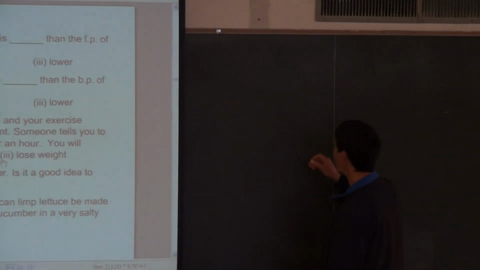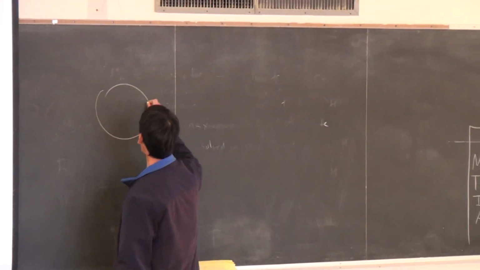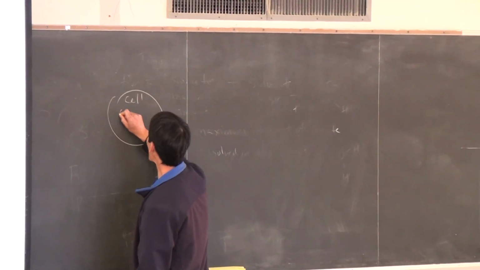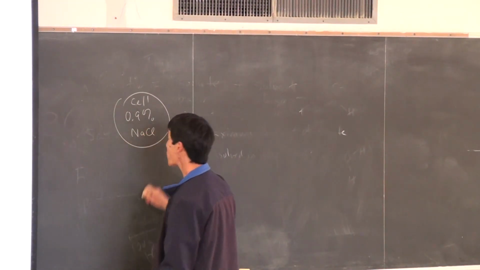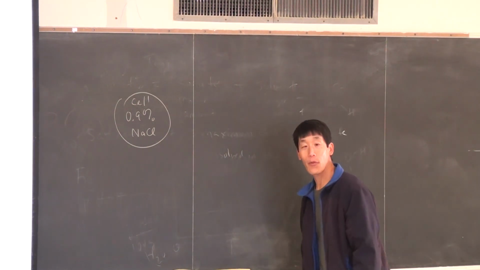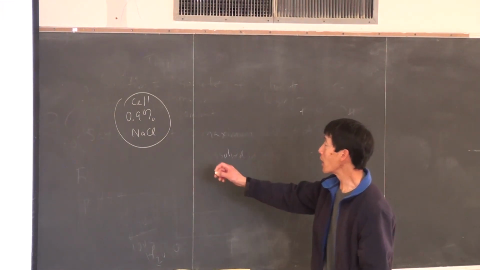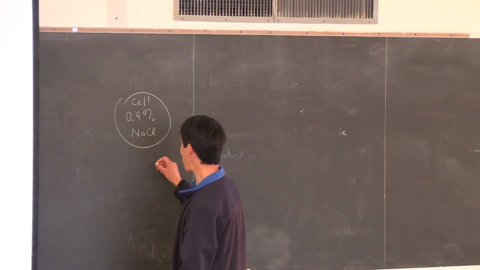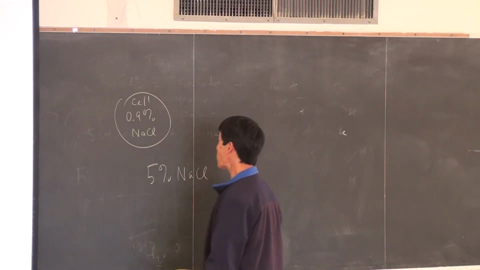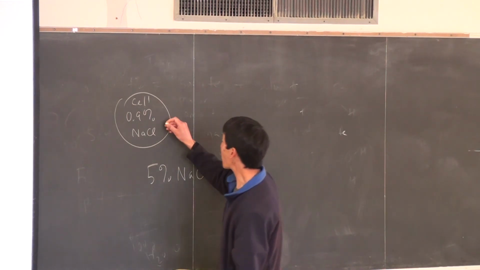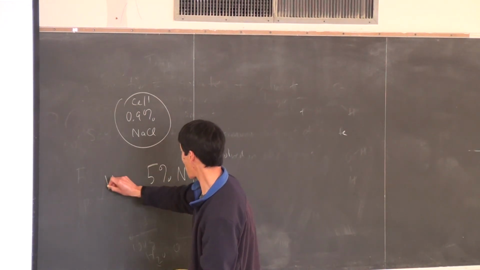So here's your cell. There's about 0.9% salt in your cell. That's the physiological concentration of salt. So if you're soaking in, say, a 5% salt solution, there's also water here.